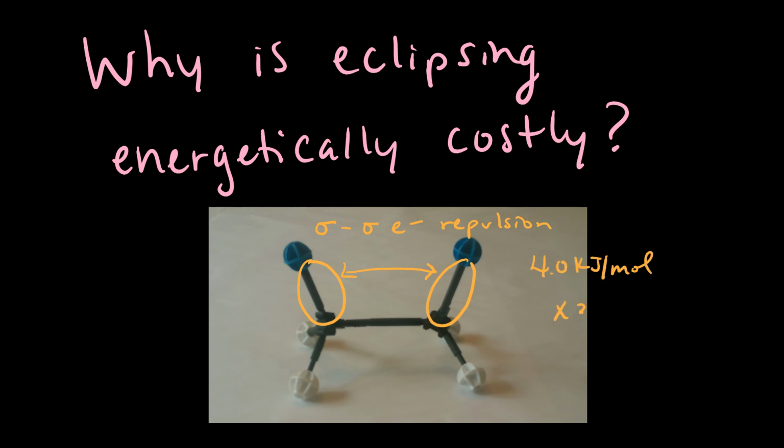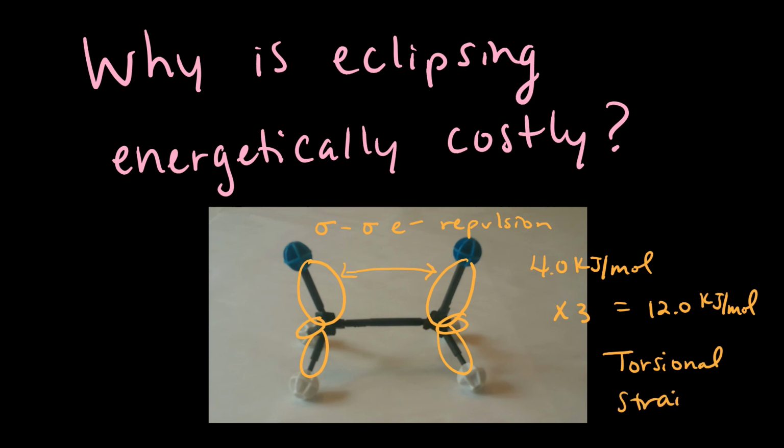Of course, when you multiply that by 3, you get a total of 12 kJs per mole, because this is happening 3 times. And this type of strain, this type of repulsion that you're seeing, is what we call torsional strain. So torsional strain is sigma bonds that are across from one another, and you get this sigma-sigma electron repulsion that takes place.